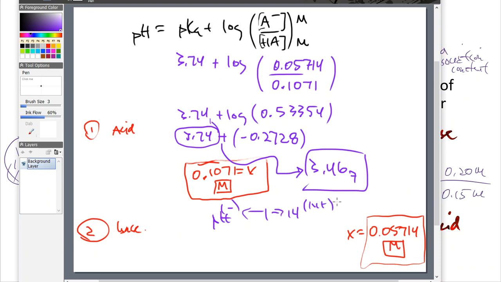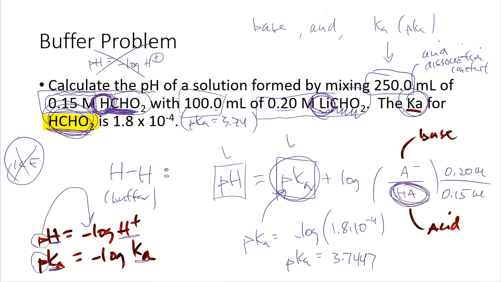We can get pHs in the 20s if we want, depending on what we're using. But typically it's 1 to 14. That's what we talk about all the time. So 3.7 and 3.46, if you were given a question that said, which one's more acidic, you would say the one with 3.46 pH. Well, hopefully that makes sense. We have gotten more acidic.